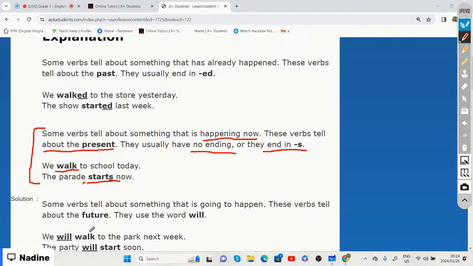And if it is referring to one person or thing that is doing an action, then our verb ends with an s. For example, the parade starts now, referring to one thing doing an action.